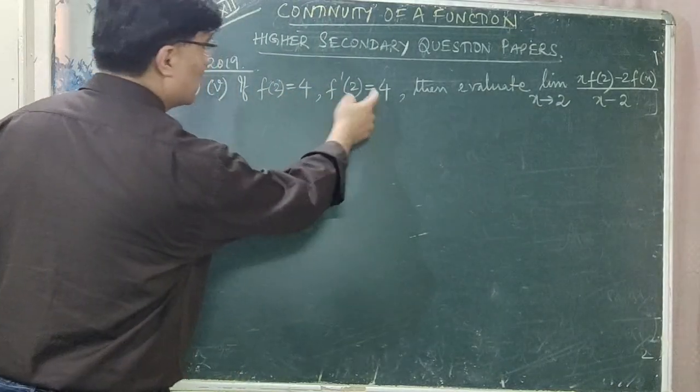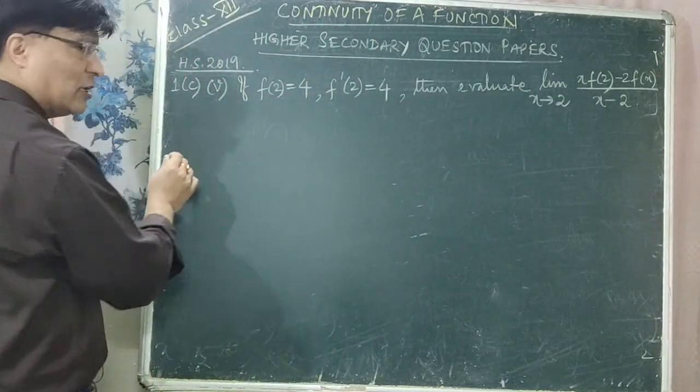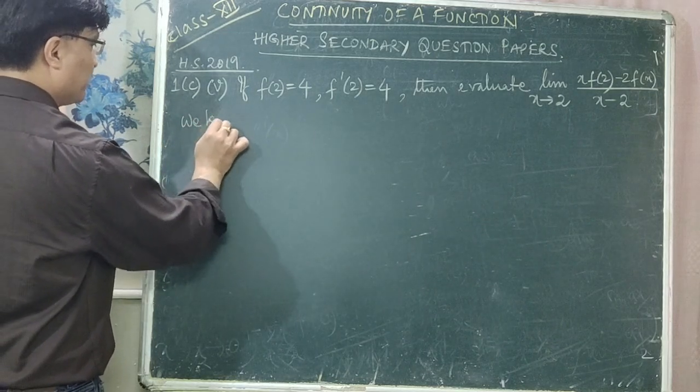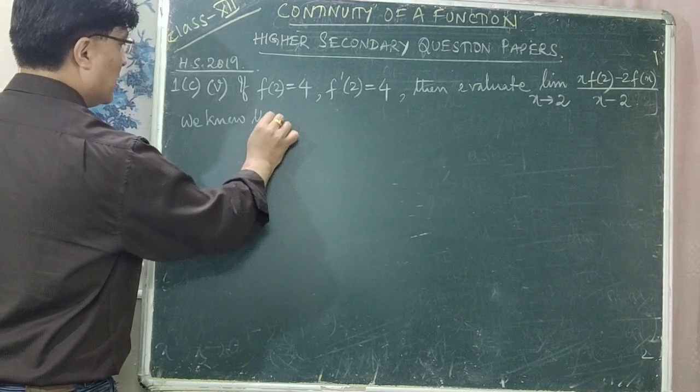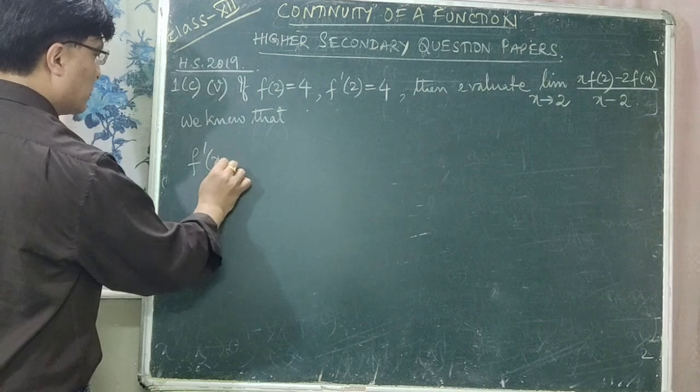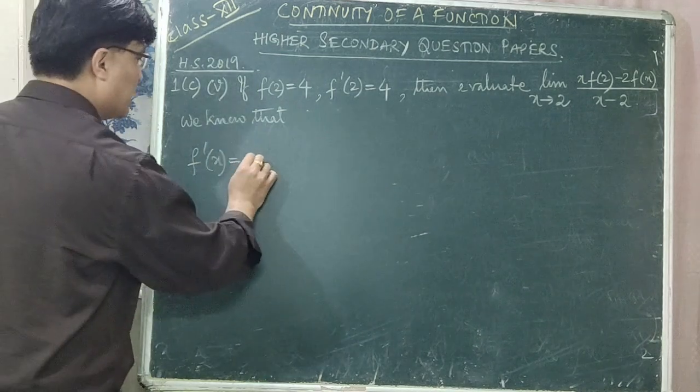So f dash of 2 is equal to 4. So you know the meaning of differentiation, isn't it? From the definition. So let us do this solution. You know the definition of f dash of x, isn't it? What is f dash of x?